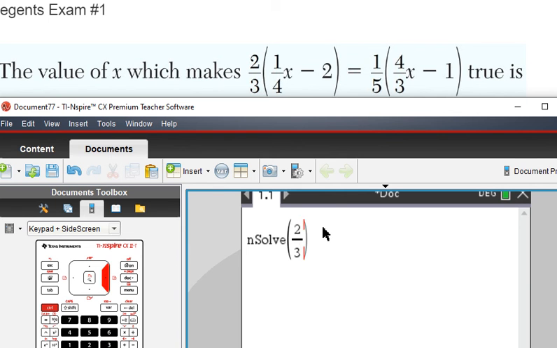So we have 2/3, then we need to open our parenthesis. Then another fraction, control divide, 1/4 times x, subtract 2. Close that parenthesis because remember, everything has to be inside these parentheses for NSolve to work. So control divide, 1/5.